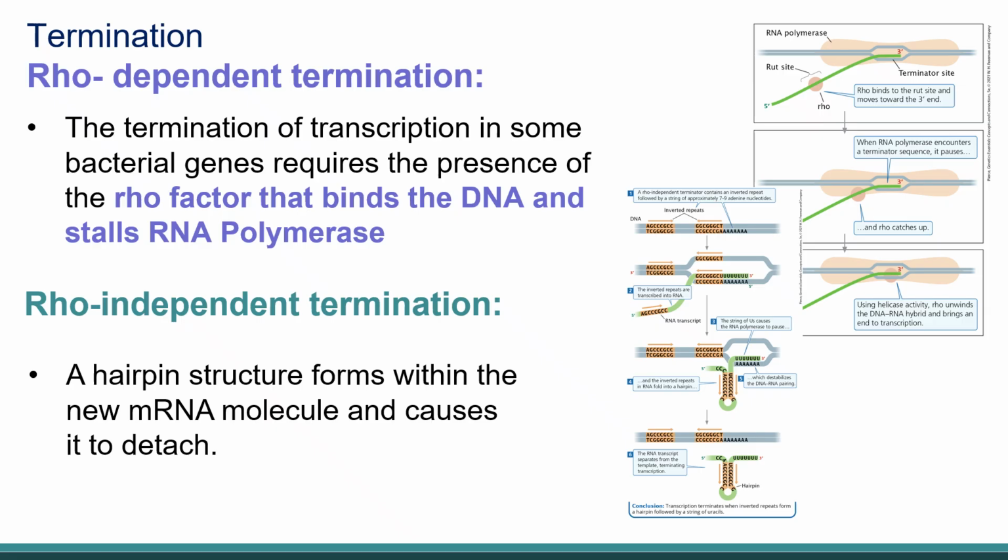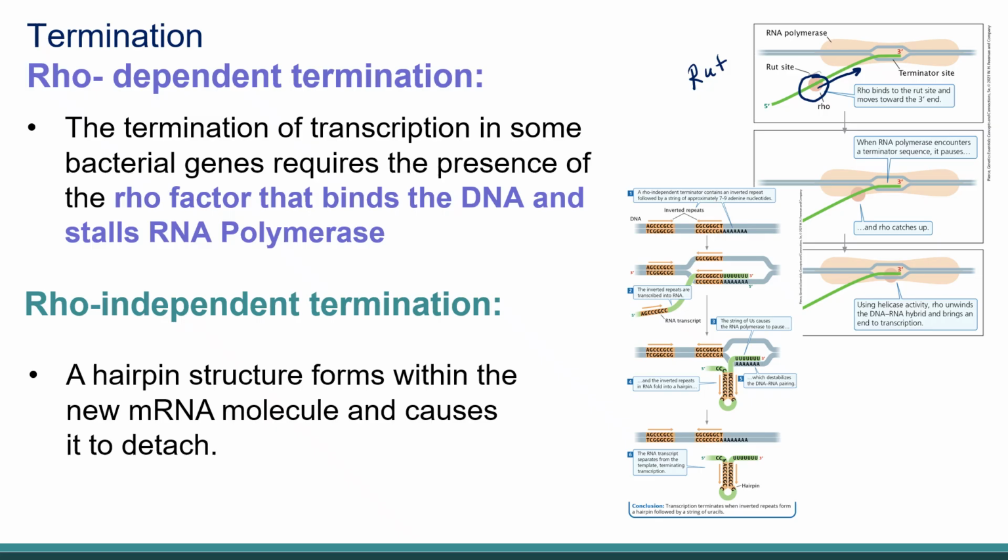The way that the rho factor works is that it binds to a spot in the messenger RNA called the rut site. And it binds at that rut site and then basically moves along the messenger RNA until it reaches the transcription bubble with the RNA polymerase attached to the messenger RNA.